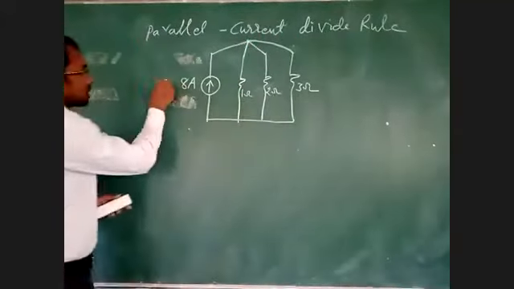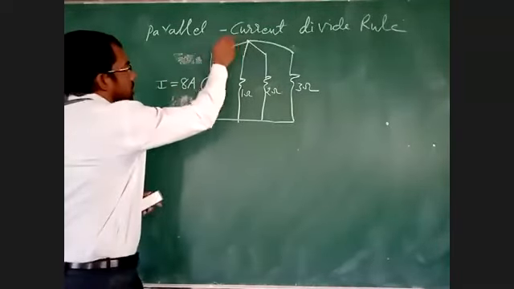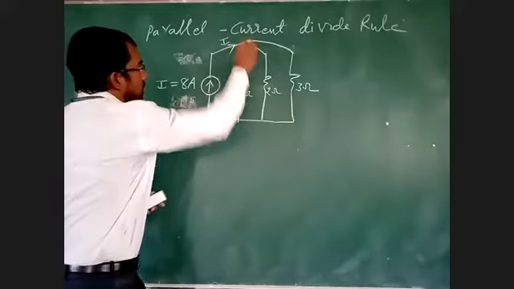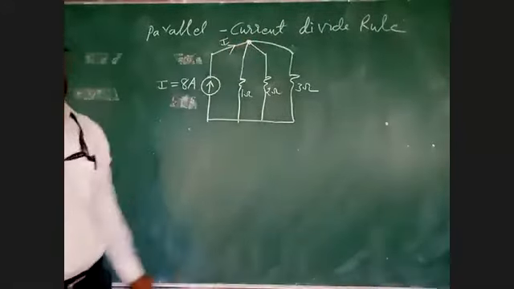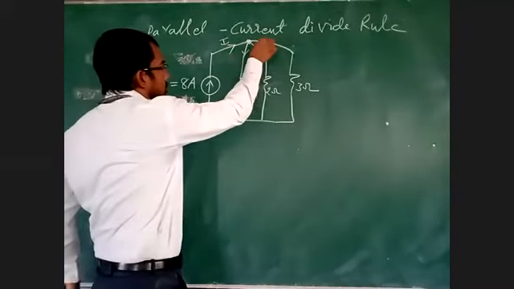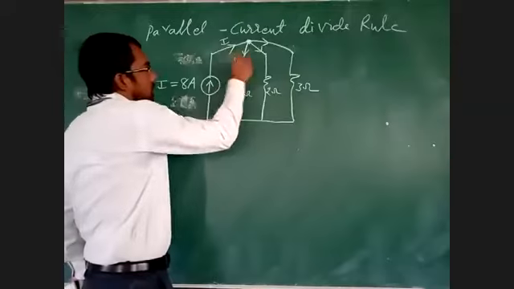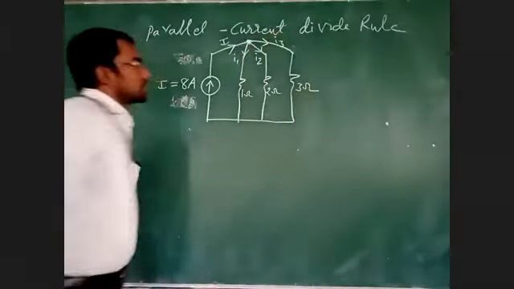Now, this is the total current I. This total current is coming towards this node. 8 ampere is coming here. This 8 ampere is dividing in these 3 branches. Let us take this is I1, this is I2, this will be I3.